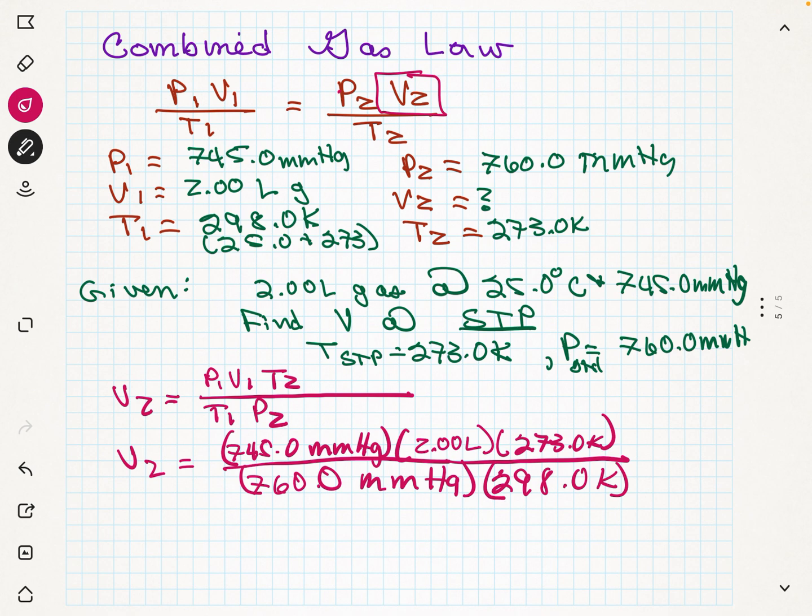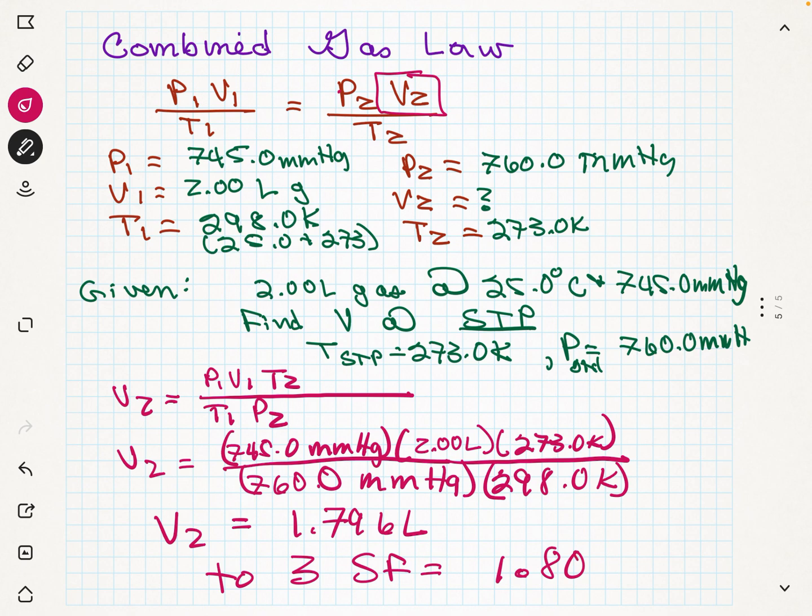Check the math on this one, and you're going to get V2 will be equal to 1.796 liters, and we must report this to 3 significant figures. We will get 1.80 liters.